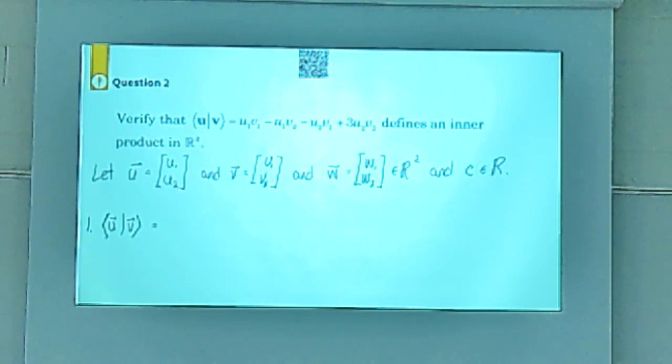We have to show that that's going to be the inner product of v with u. Well, that's the definition of the inner product, right?